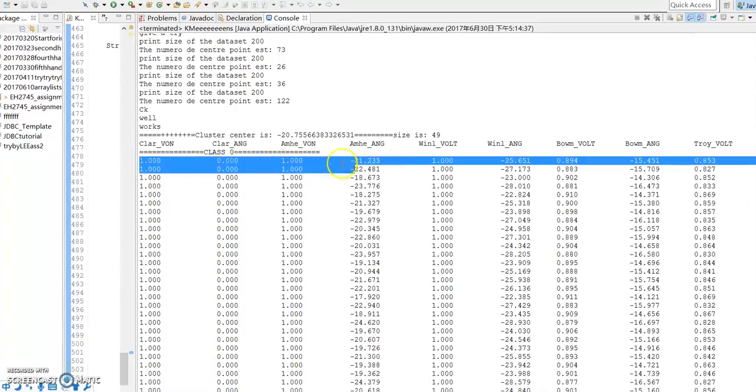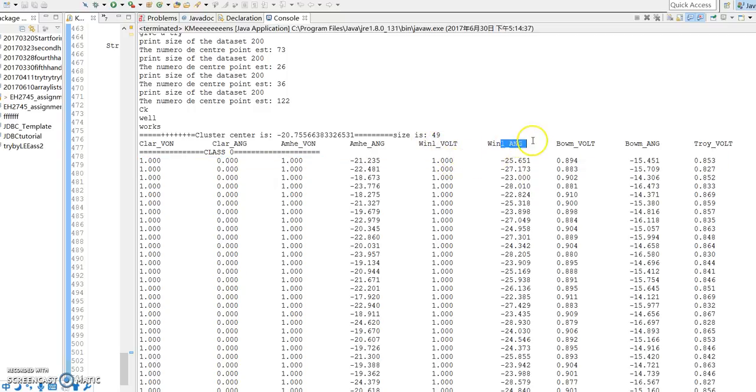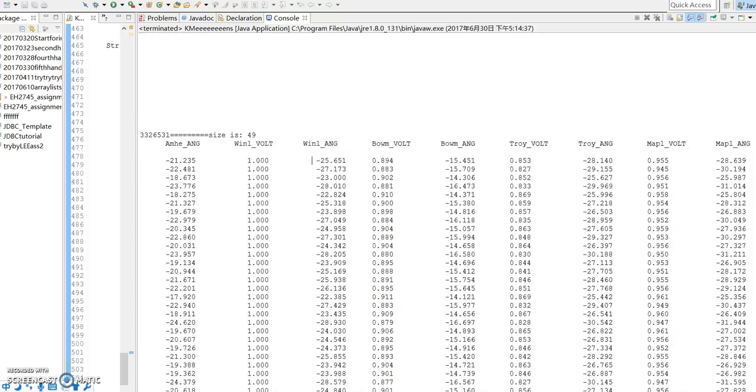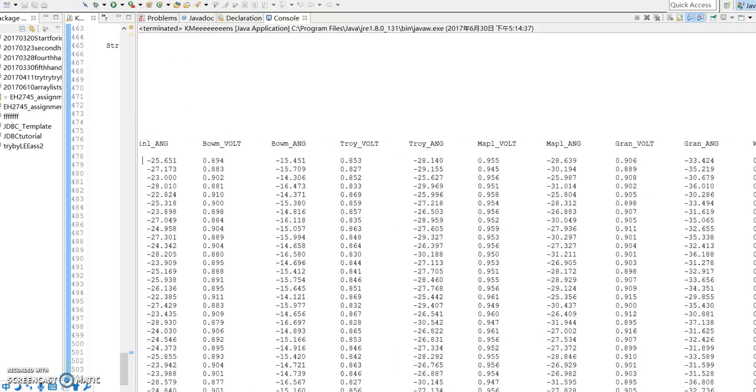Let's say this is the first point, with the voltage level in per unit system and the angle of this bus bar, and also for the other bus bar. For example, for this one, we have the voltage level of 1 per unit and the angle of this bus bar. So every line corresponds to 1 point.